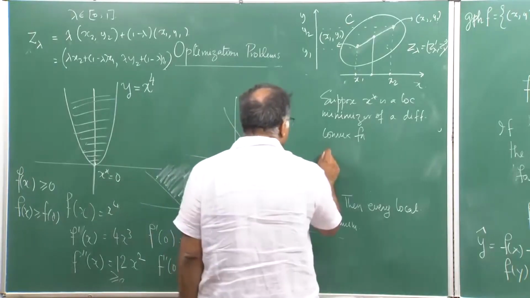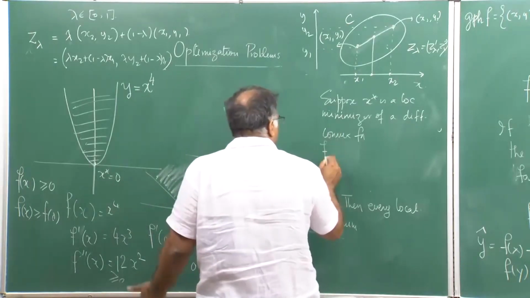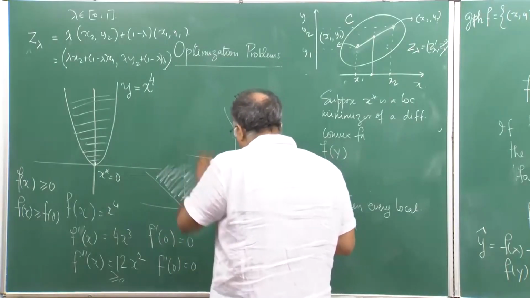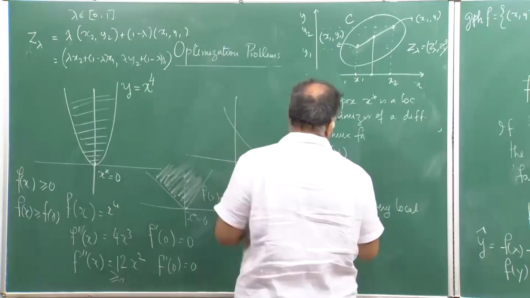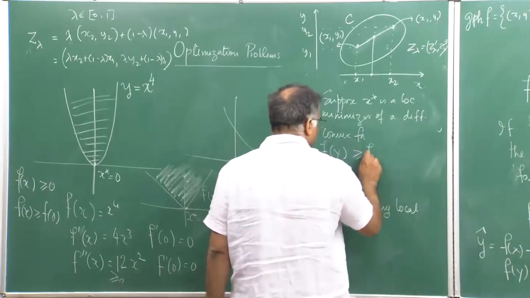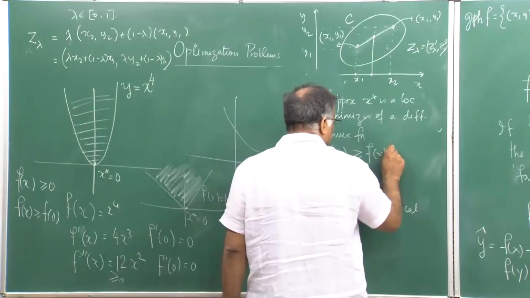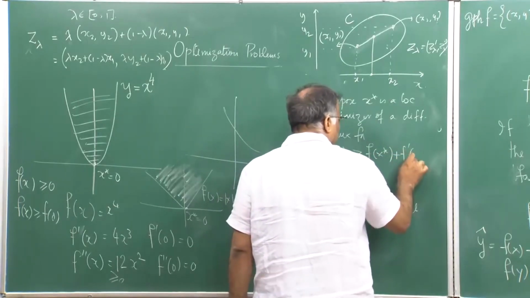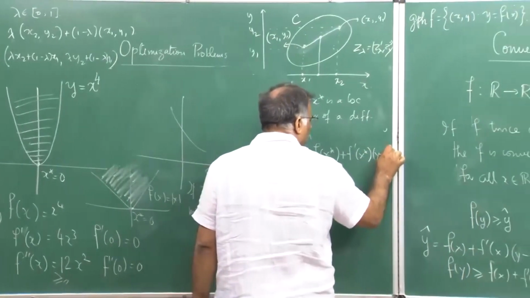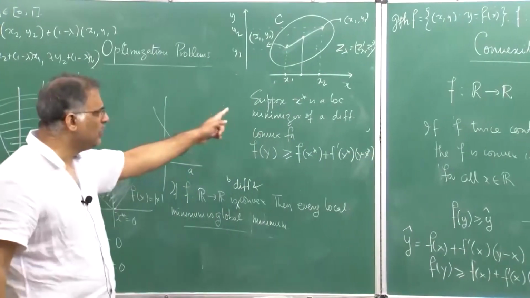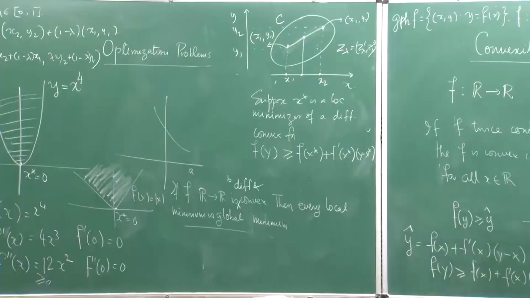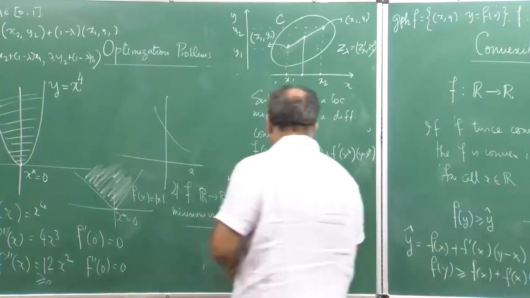I will simply say, let me take any point y in R. If I take the pair y and x star, for that particular pair this relation will hold true, because f is convex and differentiable. So, f dash of x star into y minus x star. But since x star is a local minimizer, we already know that f dash of x star is 0.